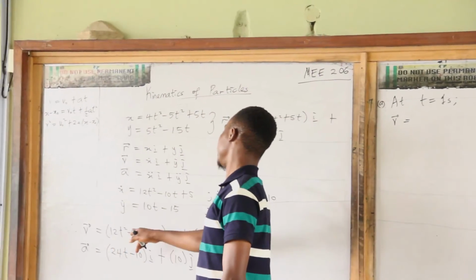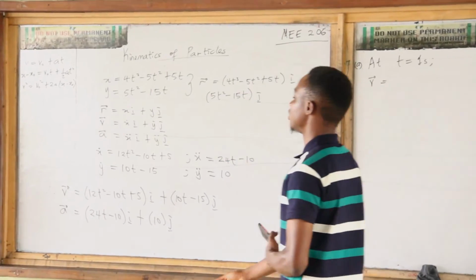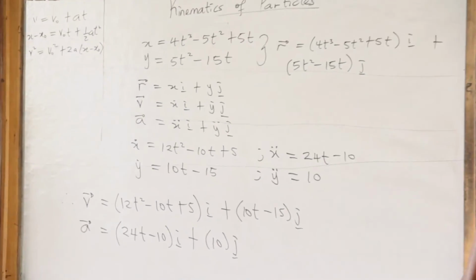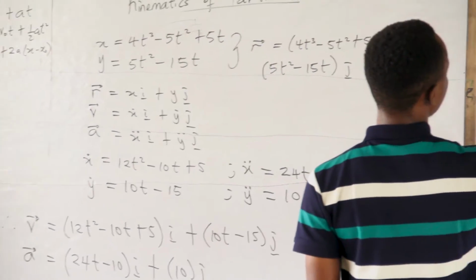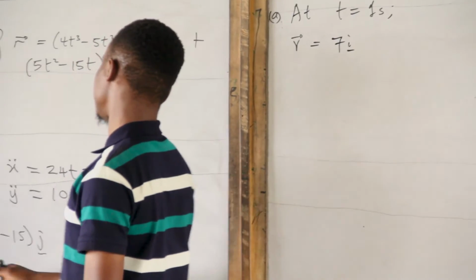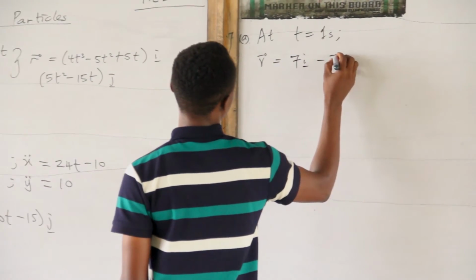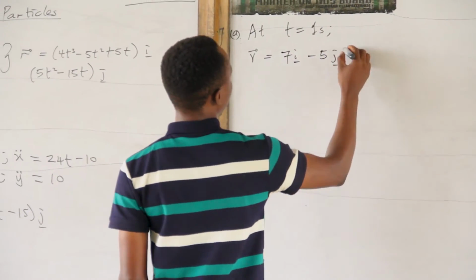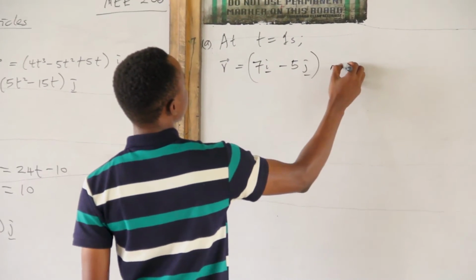It's going to be 12 minus 10 plus 5. What is it? 7. So this is going to be 7i. This 10 minus 15, minus 5. This will be in millimeters per second.